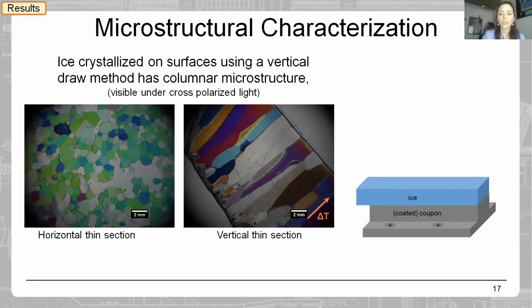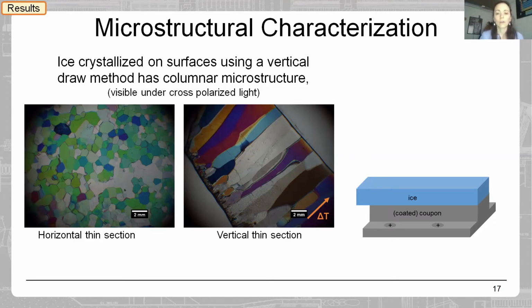What you have on the left side, in this tiled mosaic of green pseudo-hexagonal grains, is a thin section of ice in the plane of the substrate from which it was grown. The colors that you see are because the ice is being viewed in transmission through cross polarizers, and the different colors indicate different crystallographic orientations of the grains themselves.